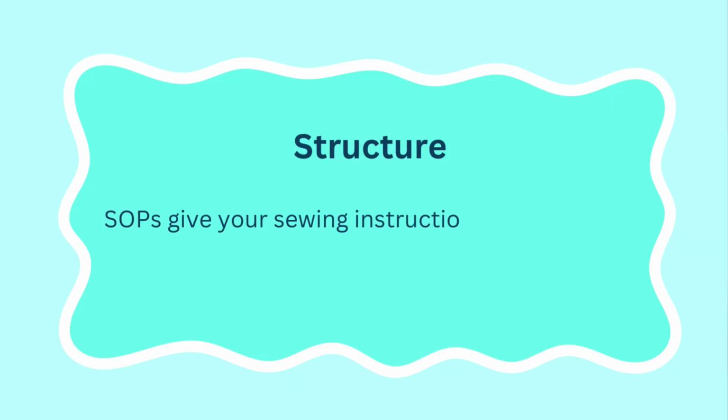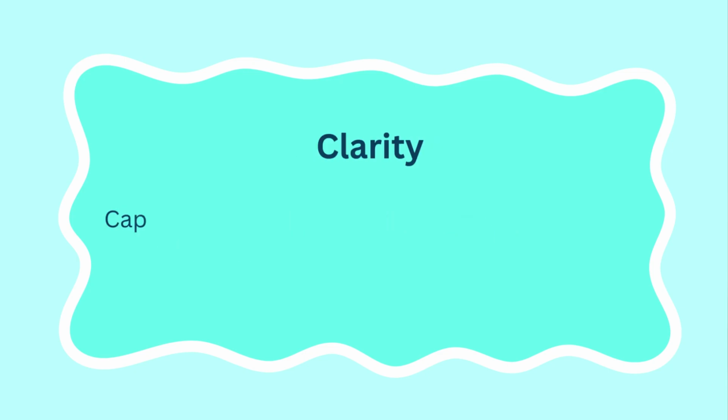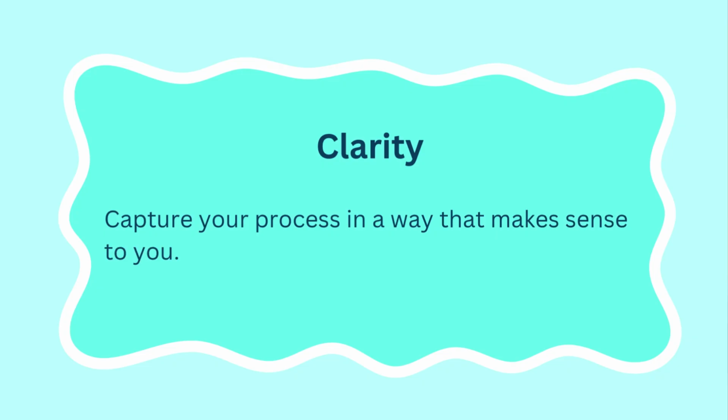So why do SOPs matter for sewists? I know SOP sounds corporate, and sewing is often an escape from work. But this is why thinking in SOPs has its advantages. Structure. SOP gives your sewing instructions a clear, logical format. Clarity. Capture your process in a way that makes sense to you.